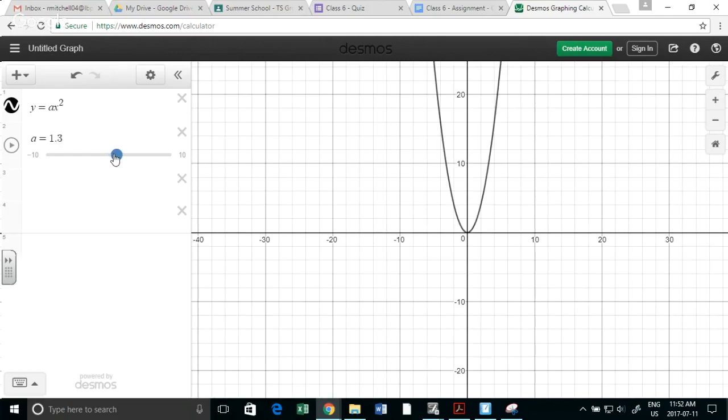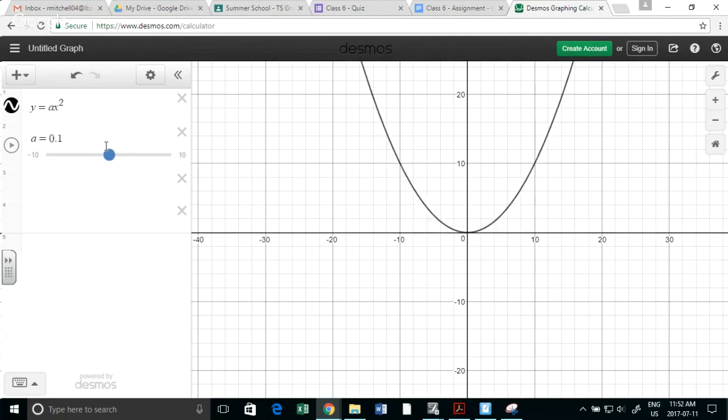The bigger a becomes, the skinnier the parabola becomes. If it gets closer to 0, it gets wider and wider. If it becomes negative, it flips over and opens downwards. The closer it is to 0, the wider it is. The further away from 0, the skinnier it is. So a plays those two roles separately.